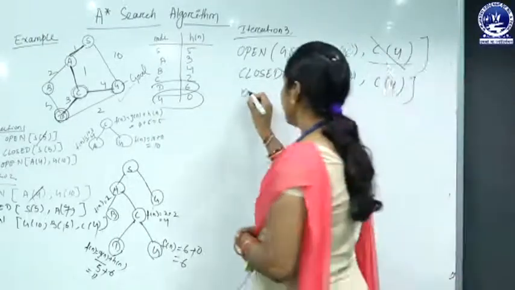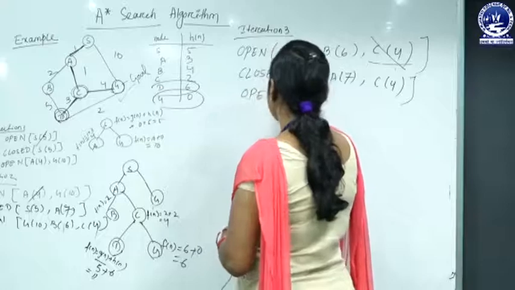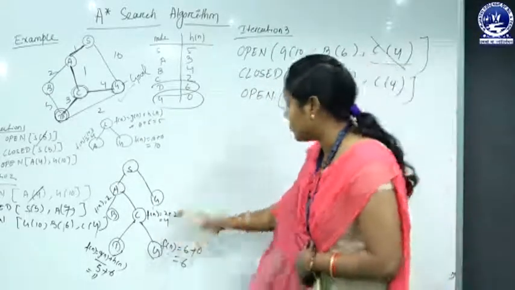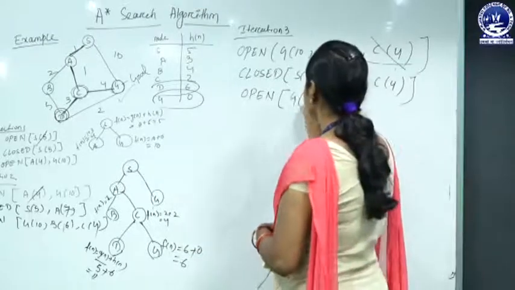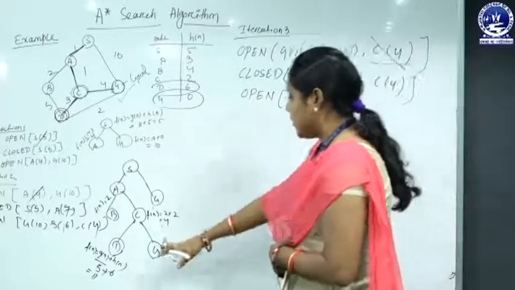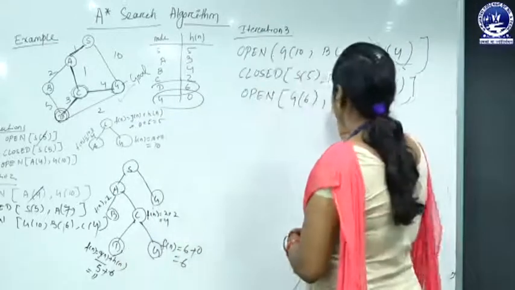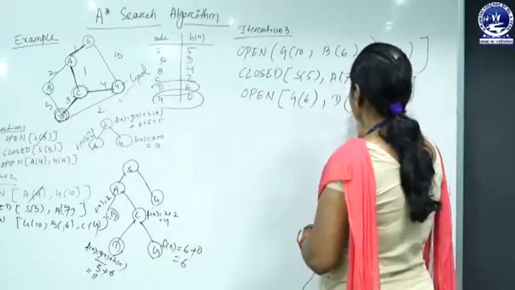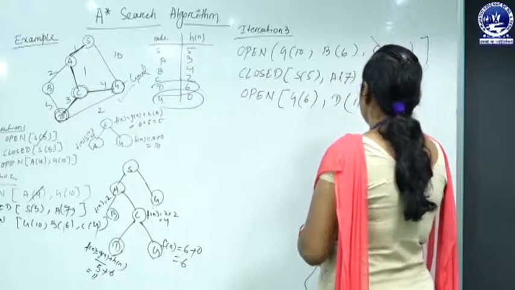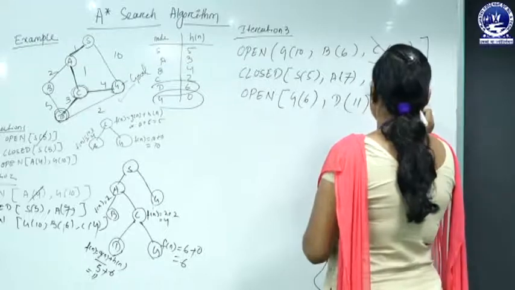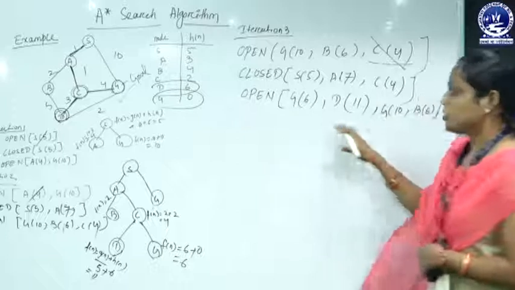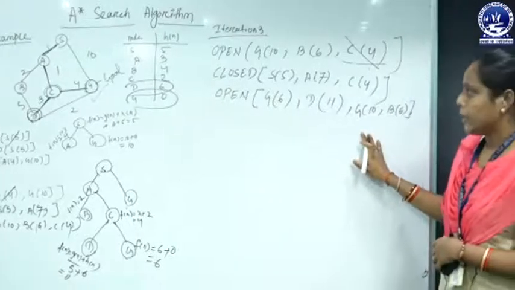Now look at the open list. Here the open list first element contains this node, that is G, whose evaluation function value is 6. Then it takes the next node which is D, whose evaluation function value is 11. Then G10, B6, these are the nodes of our open list.